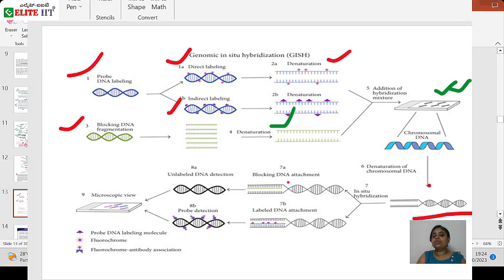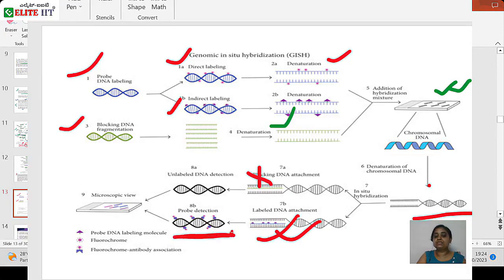One will be labeled with the fluorescent compound, and the other will be without labeling. This one is labeled and this one is not labeled. This is the blocking DNA, not labeled with anything. You can visualize the blocking DNA attachment after the counterstain. But in this case you are just visualizing the probe, which is attached to the fluorescent compound.